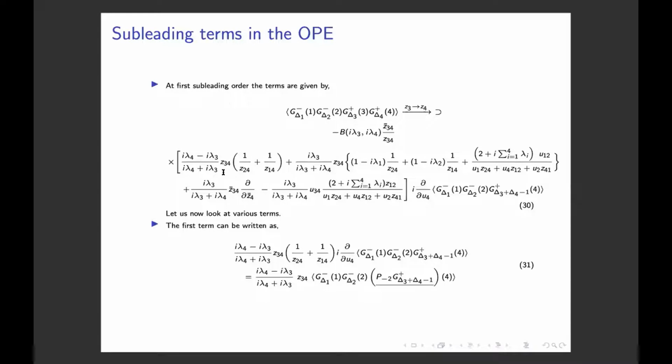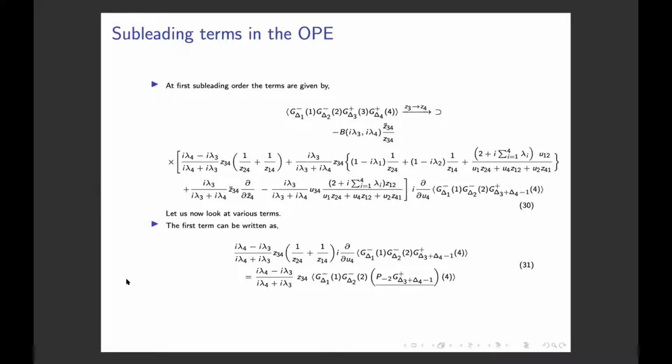So I have this subleading term. You can see I have two coefficients, so two functions which multiply z34, which is like z34 times 1 over z24 plus 1 over z14, and then z34 times this factor, and then I have a z bar 34, and then you can write that multiplies ∂ over ∂z bar 4, and then I have something which multiplies u34 also.